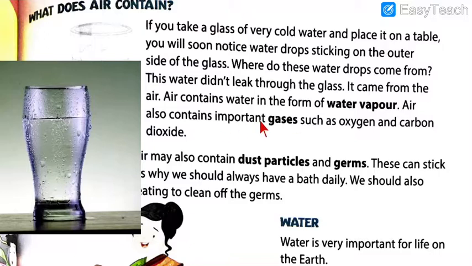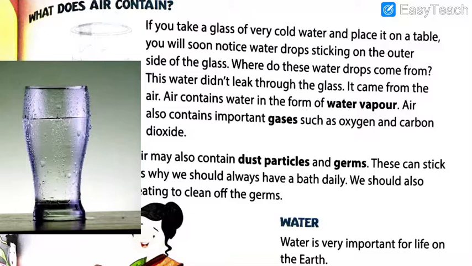Air also contains important gases such as oxygen and carbon dioxide. Did you know that? Because if the oxygen is not there, what will we do? We will have to take oxygen cylinders. No, we are getting the oxygen free of cost. When you are walking, you do not need to carry an oxygen cylinder, right? Because you are getting it from nature.